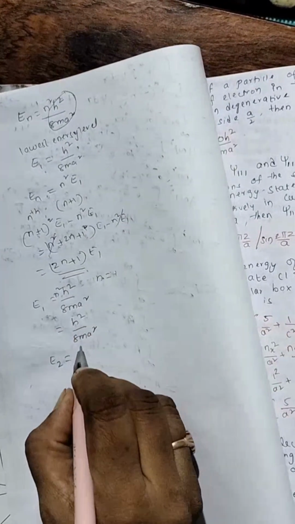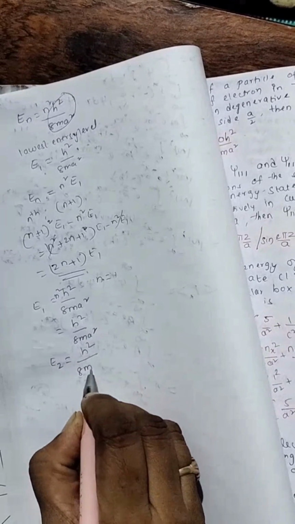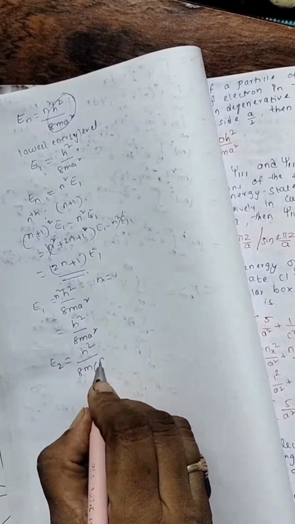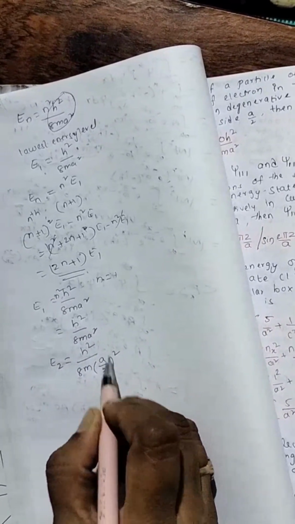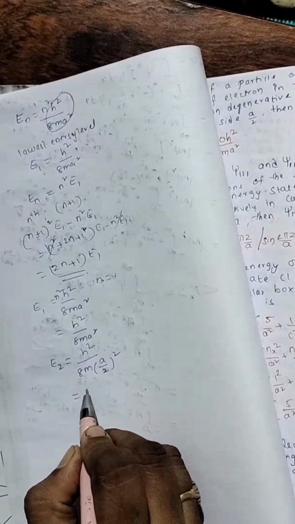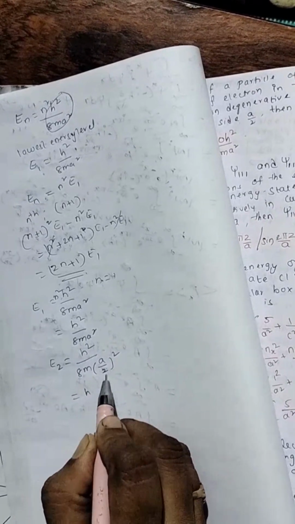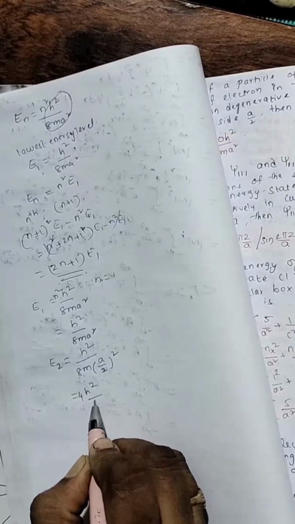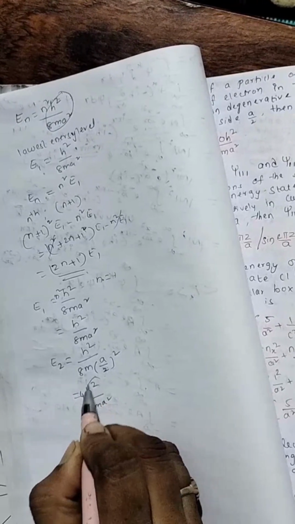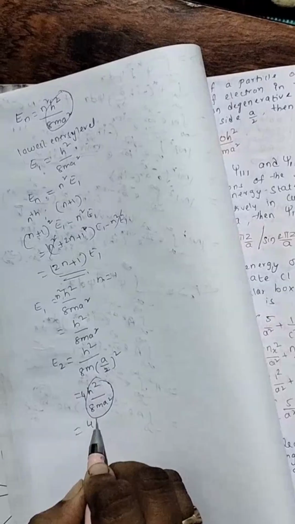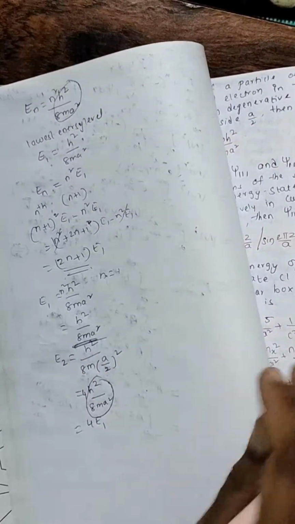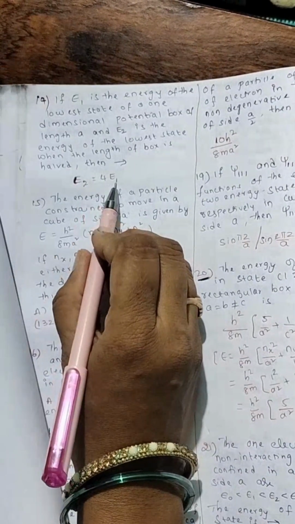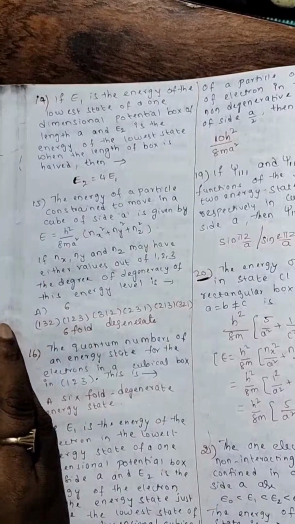So if the total length is a, halved we think a by 2. So a square by 4 will come into the denominator, giving h square by 8m times a square by 4. Now what is this value? E1, no? So E2 equal to 4E1. Now next question.